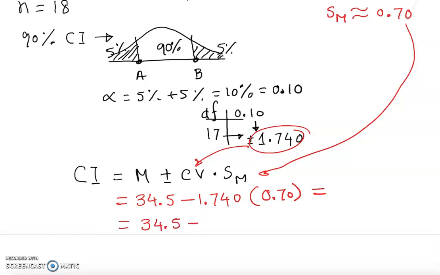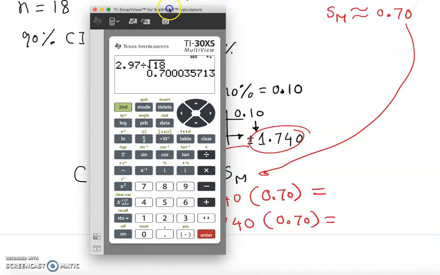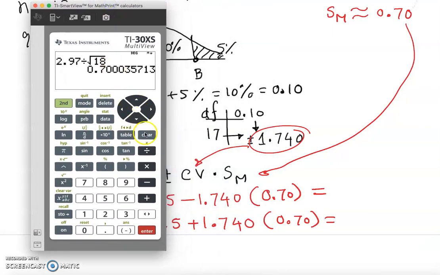34.5 minus will be plus. Everything else will stay the same. So we're going to have two intervals, as you clearly see, two of them actually. Again, we can use a little bit of calculator here.